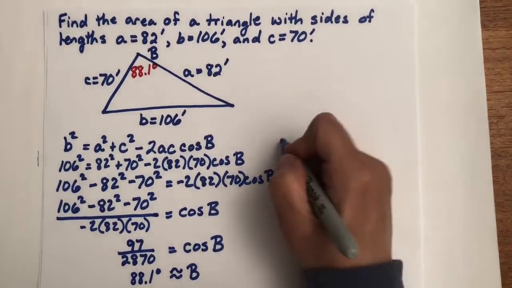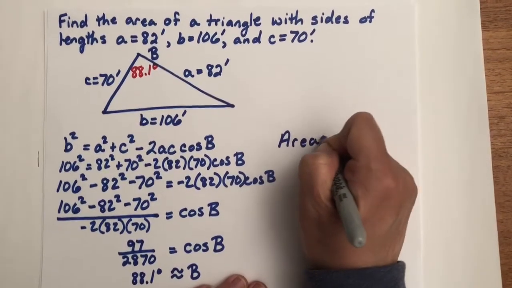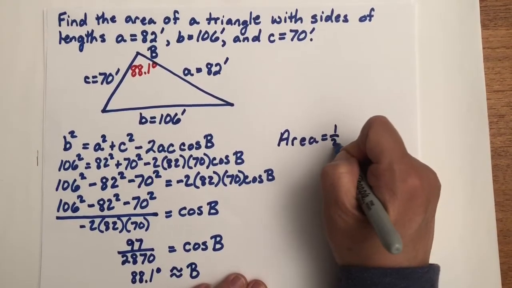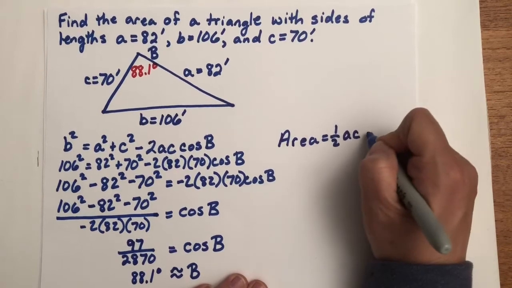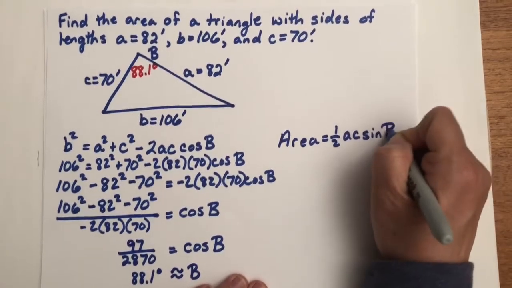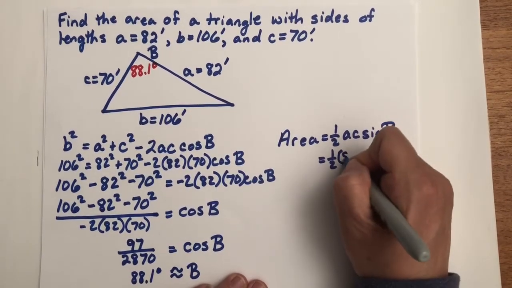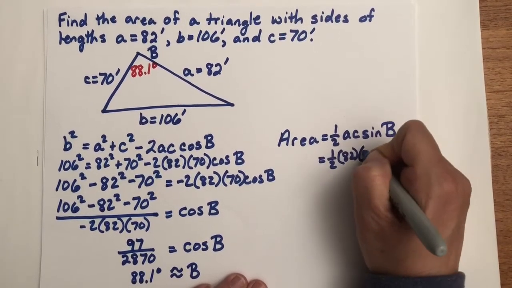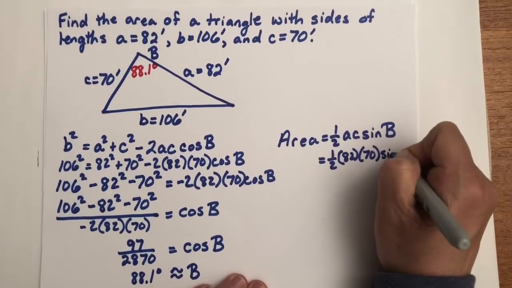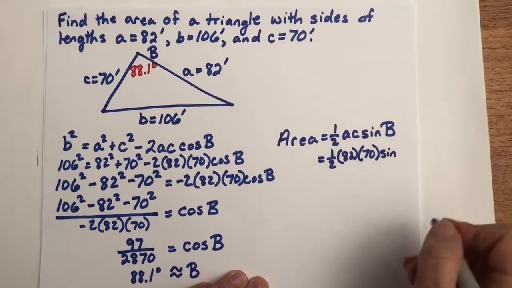So the area equals 1/2 a times c times the sine of B. So we substitute those values in, and we have 1/2 times 82 times 70 times the sine of 88.1 degrees.